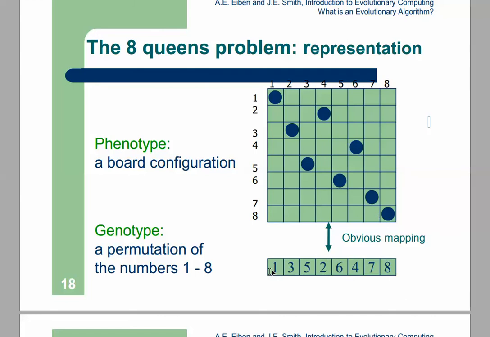If you use the index of columns such as the index of previous representation, but the content of each location is the row.